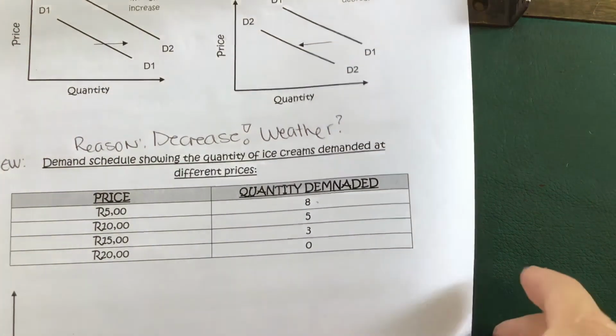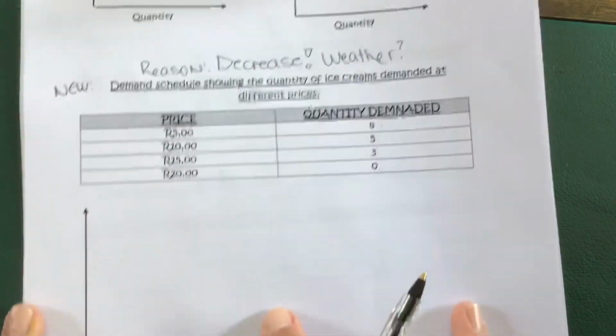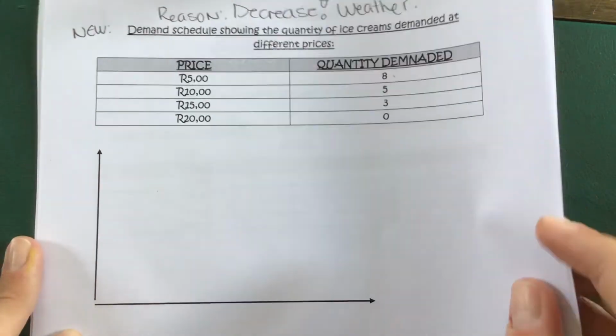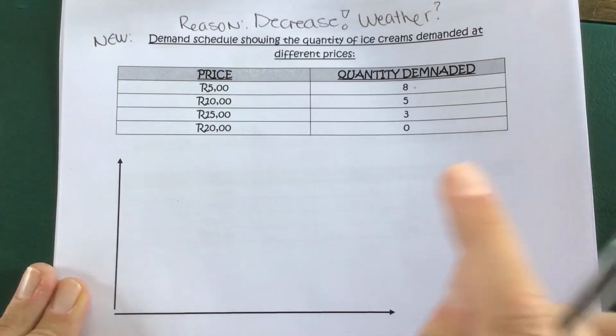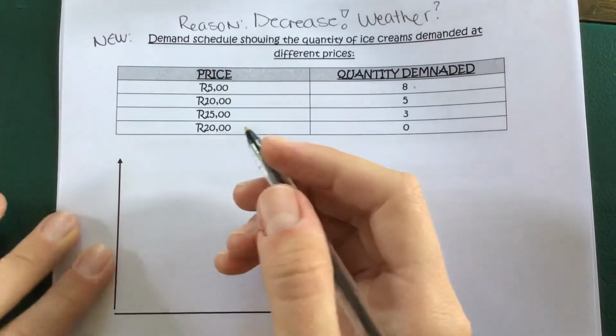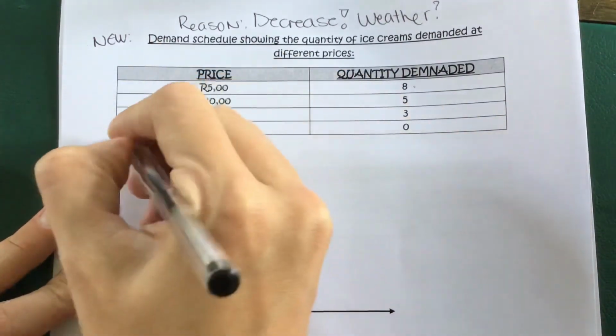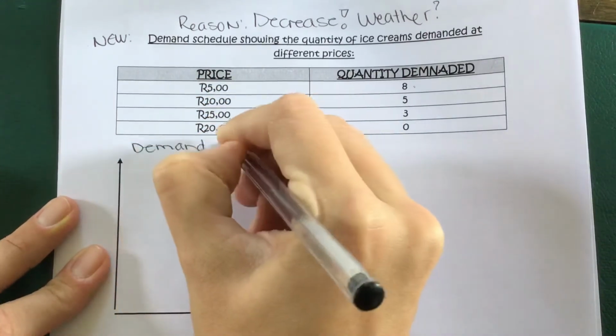So what we are going to do is draw the demand curves and show how they've changed. We have to draw the first one we originally drew, and then we're going to draw this one. So we need to do another demand curve, so another heading.